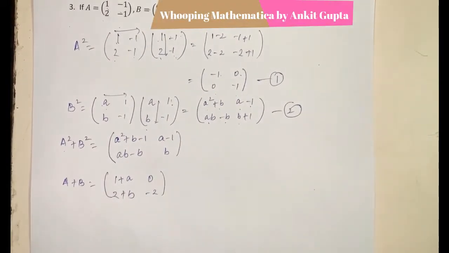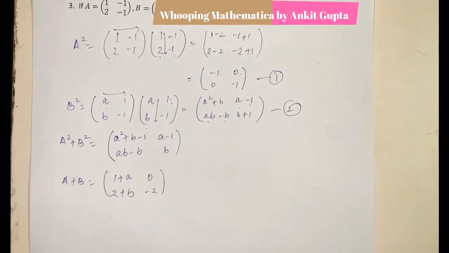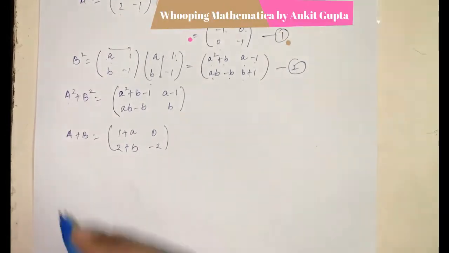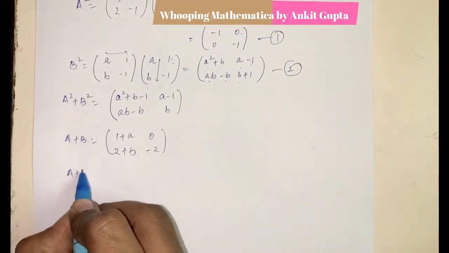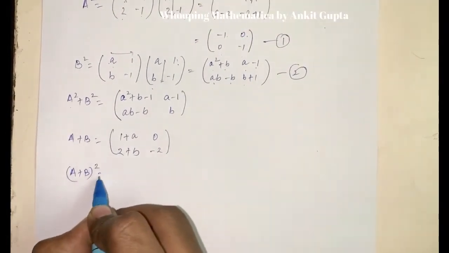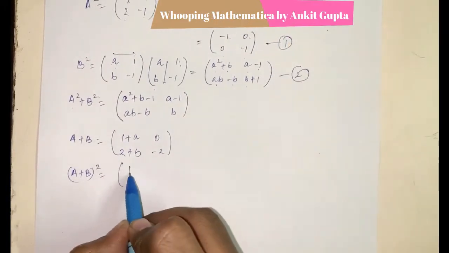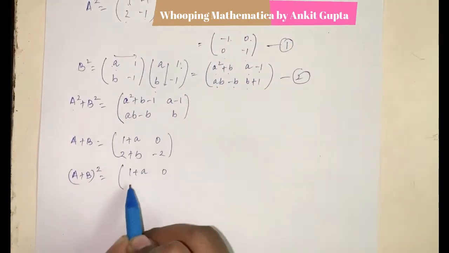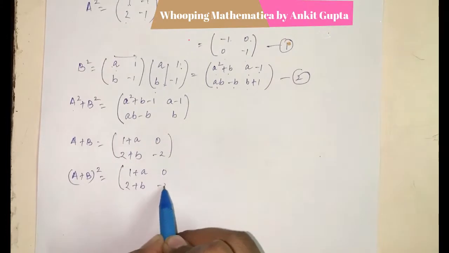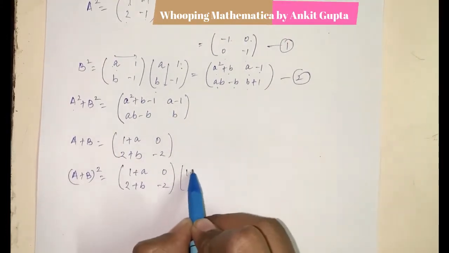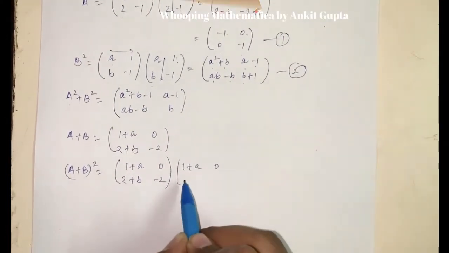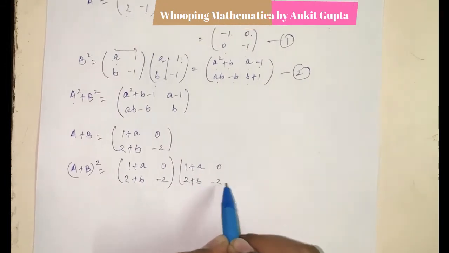Okay, so now we are going to move ahead with this. Now we need to find (A plus B) whole square, which is [1 plus a, 0; 2 plus b, minus 2] multiplied by [1 plus a, 0; 2 plus b, minus 2].